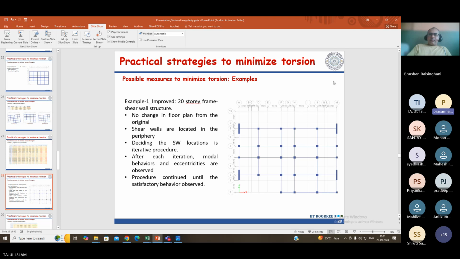In analysis, suppose you have a moment of 100 kilonewton meter ignoring the torsion, and a moment of 150 kilonewton meter when you are considering the torsion. Obviously you are designing for the higher moment, right? The moment you are designing for, but the torsion force you are again ignoring.